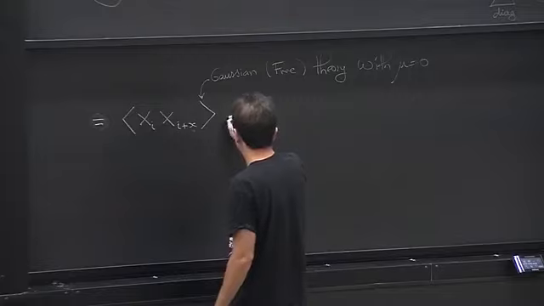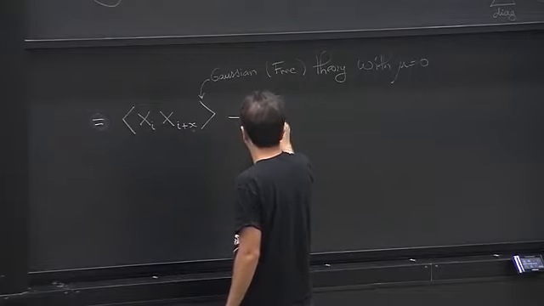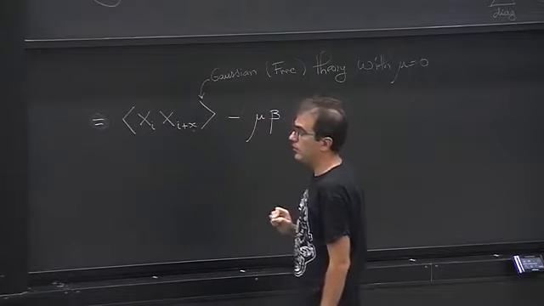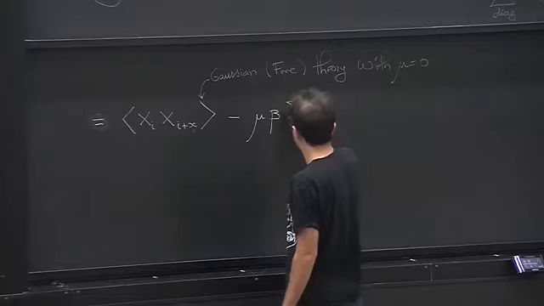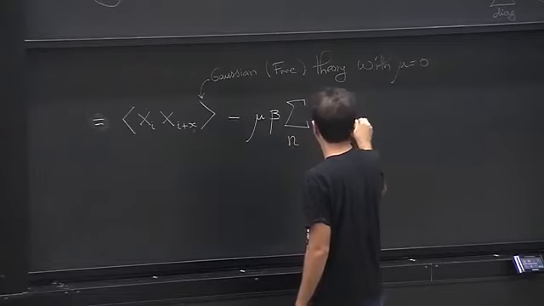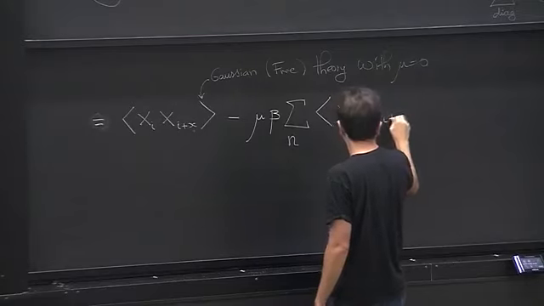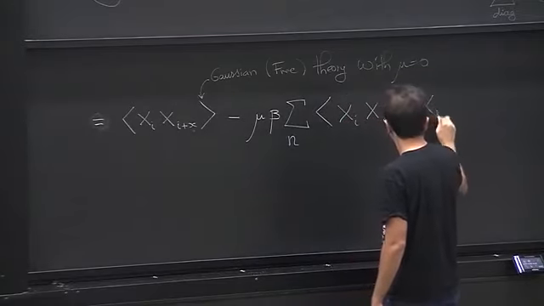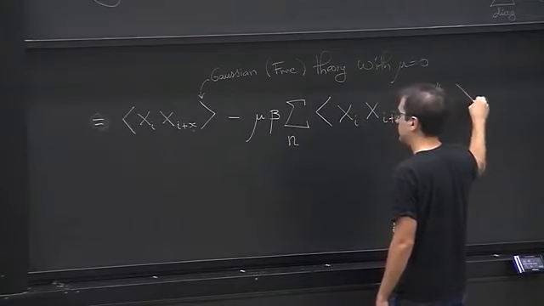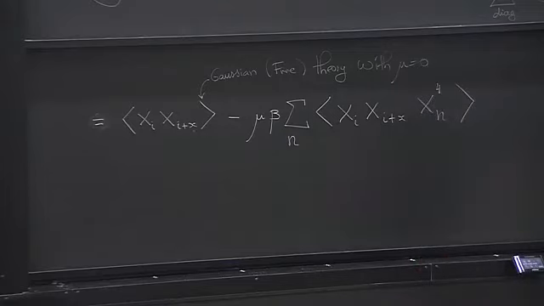And then I would get minus mu beta sum over n of the expectation of x_i x_{i+x} x_n to the 4. That would be from the first term in the exponent. Let's suppose we want the linear term in mu first.